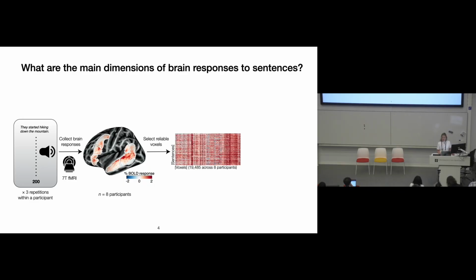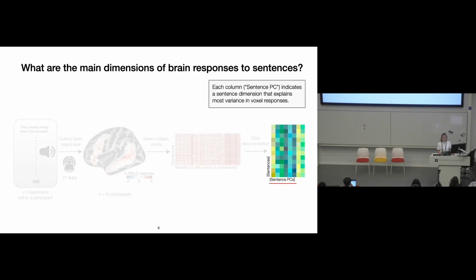We selected reliable voxels, around 19,000 across all participants, and did data decomposition, PCA, to identify what we call sentence PCs, where each sentence PC indicates a sentence dimension that explains most variance in these voxel responses.